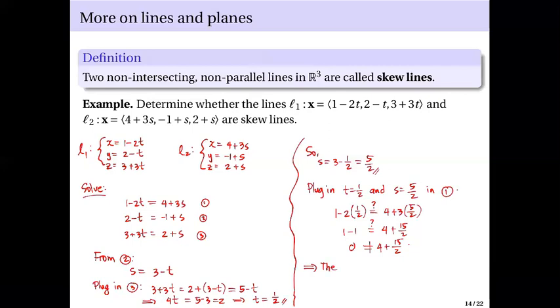So let's label this system as a star. The system star does not have a solution.